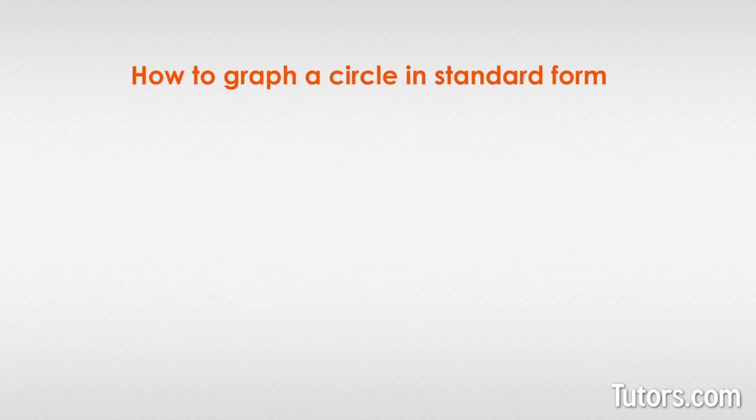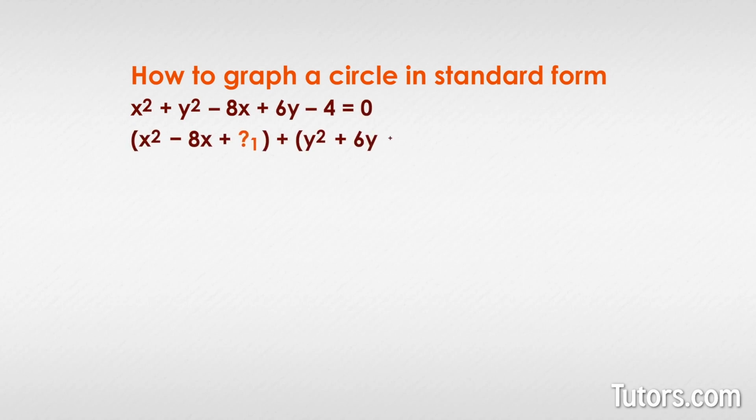Next, let's learn how to graph a circle in standard form. If your circle equation is in standard or general form, you must first complete the square and then work it into center radius form. Suppose you have this equation. Rewrite the equation so that all your x terms are in the first parentheses and y terms are in the second.